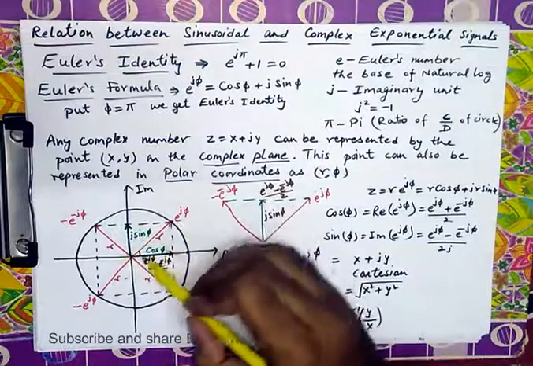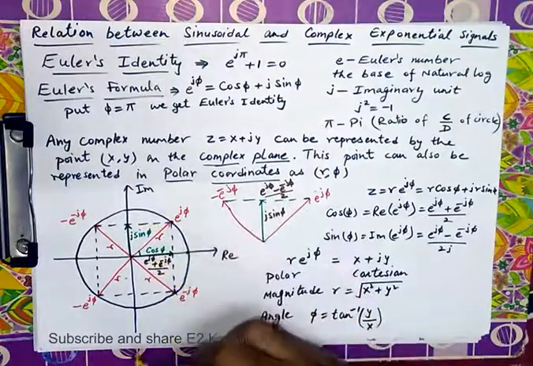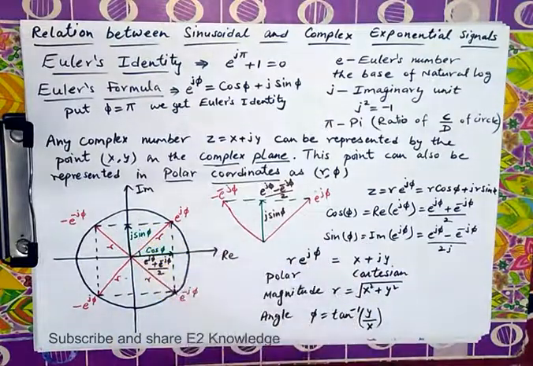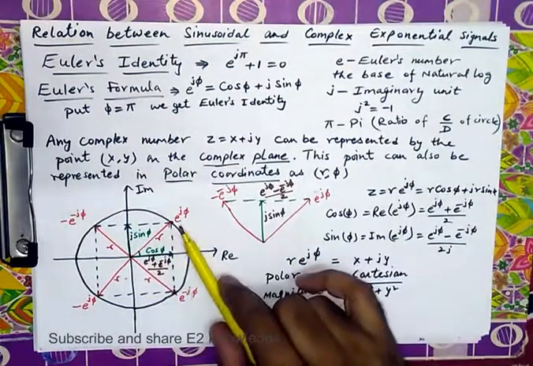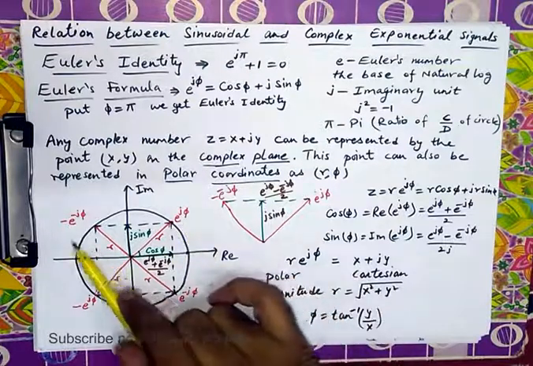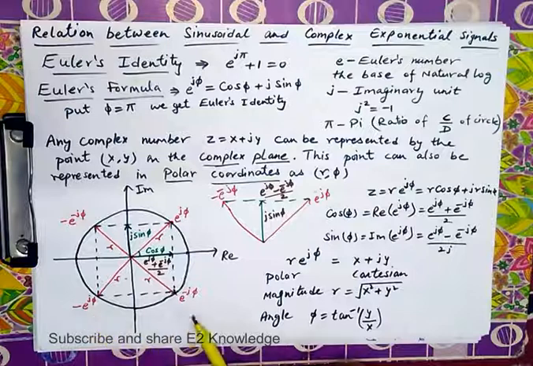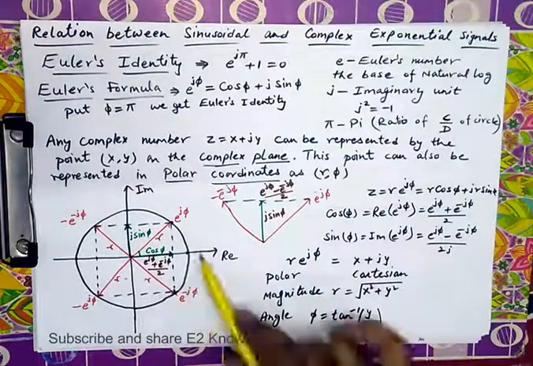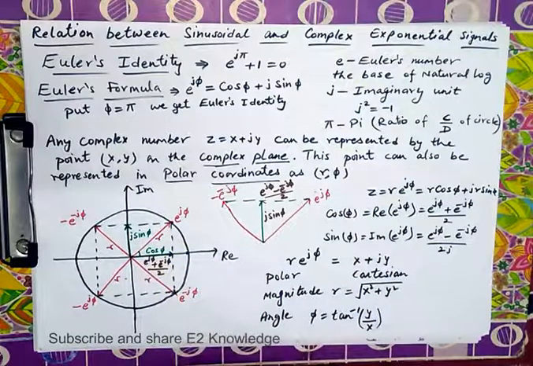That is, e raised to the power j phi is the resultant of these two values on the real and imaginary axes, or x and y axes. Similarly, on the circle we have different points, e raised to the power j phi, e raised to the power minus j phi, and so on. On the basis of that orientation, all are 90 degrees apart naturally.